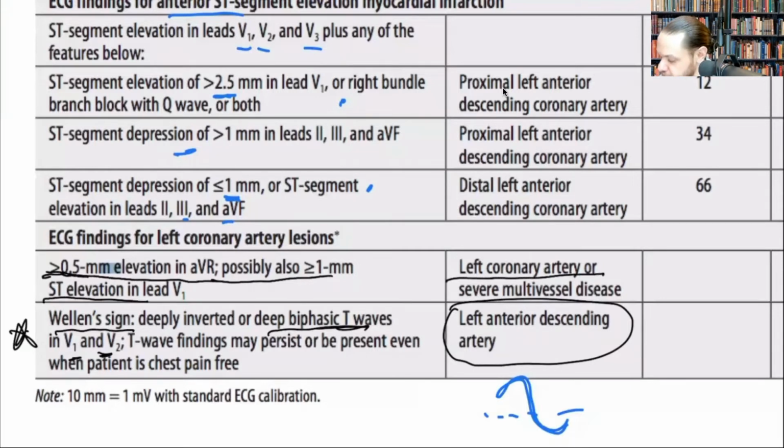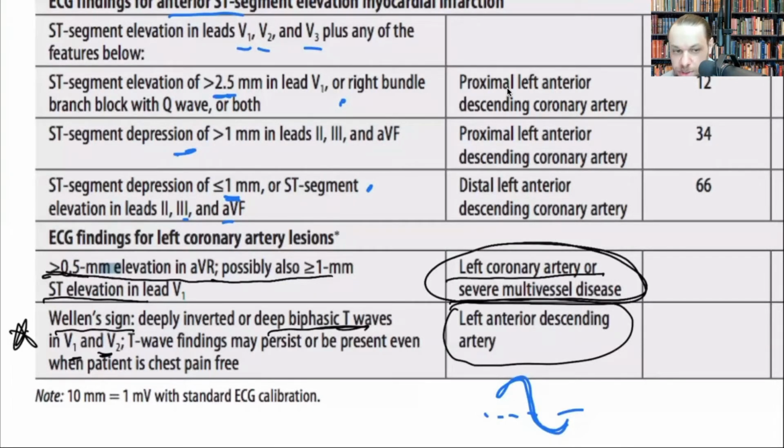You have left coronary artery, severe multivessel disease. That means the left coronary artery or multivessel disease, meaning multiple vessels are involved. Could be the circumflex, the descending artery, maybe even branches of the coronary artery. So they have a thrombosis and involvement.